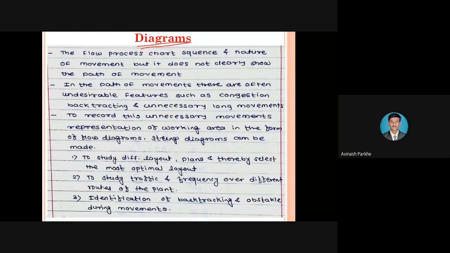Drawing is one of the next recording techniques, which is used to get the proper distance traveled by the man or the proper distance traveled by that particular material. Whatever limitations are present in the charts, all those limitations can be eliminated by using the second recording technique, which is called drawings.